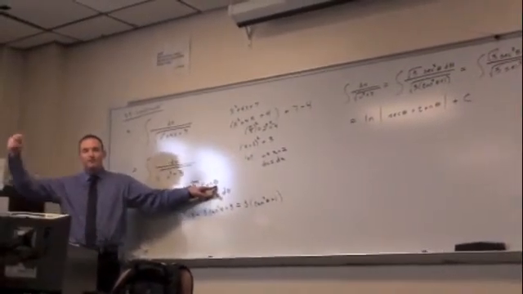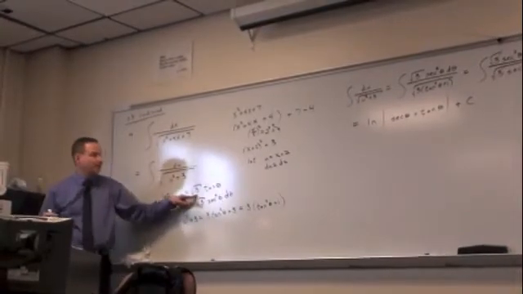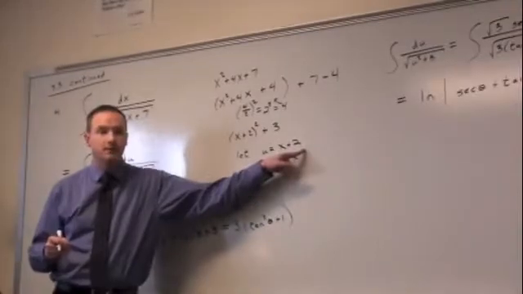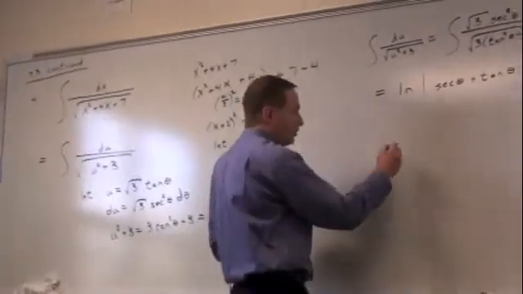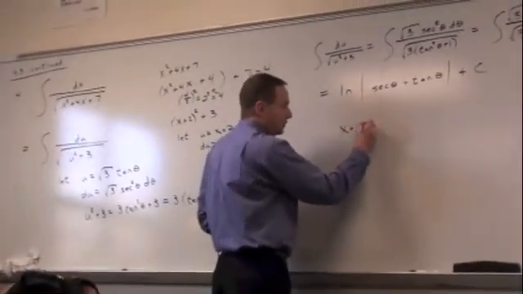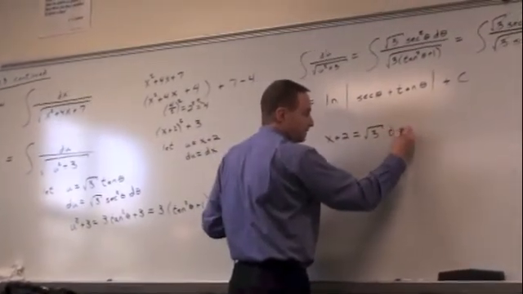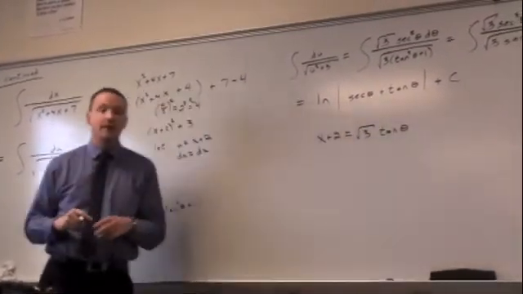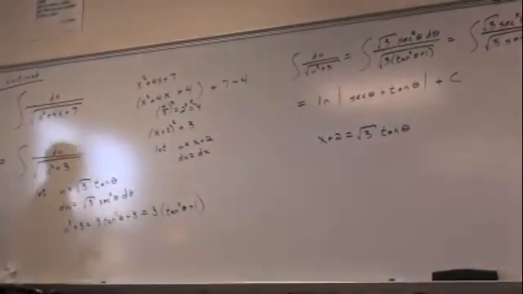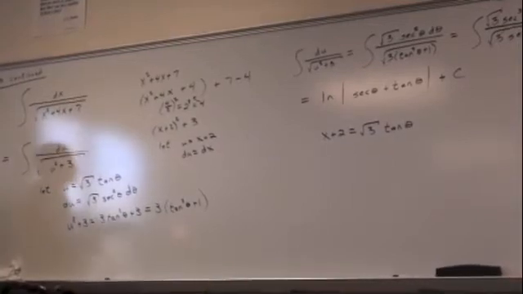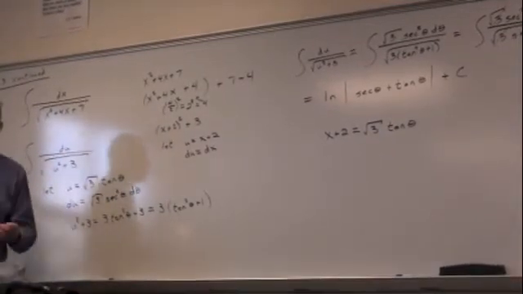Instead of having to back substitute twice, what did we let u equal? X plus 2? I'm going to say, I know x plus 2 is equal to the square root of 3 tangent theta. That's going to enable me to put my equation back in terms of x. Instead of having to put it back in terms of u and then change u to x, it'll do it all in one step.